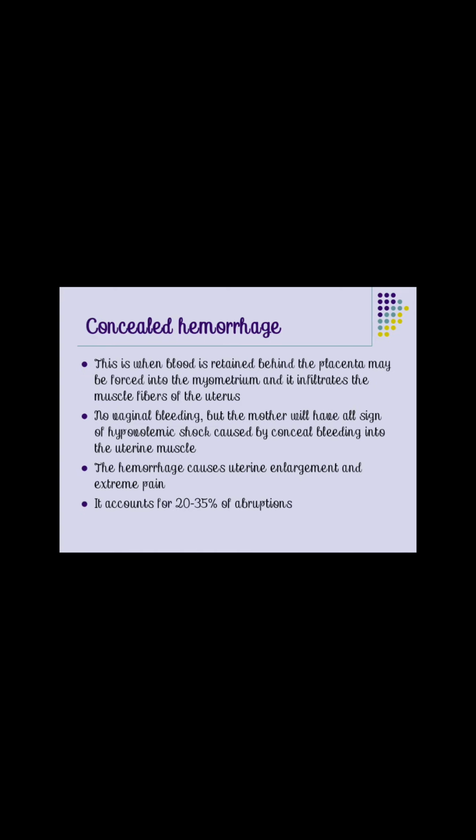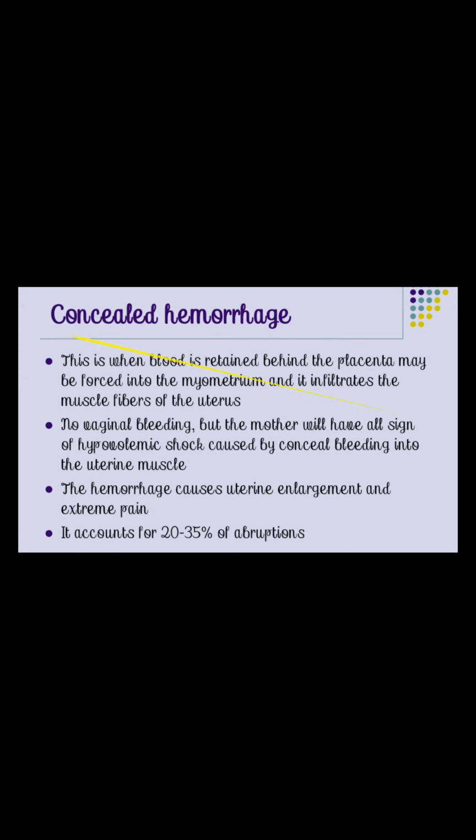But also kuna aina ya pili inaitwa concealed hemorrhage, ni kinyume cha revealed hemorrhage. This is when blood is retained behind the placenta, may be forced into the myometrium and it infiltrates muscle fibers of the uterus.